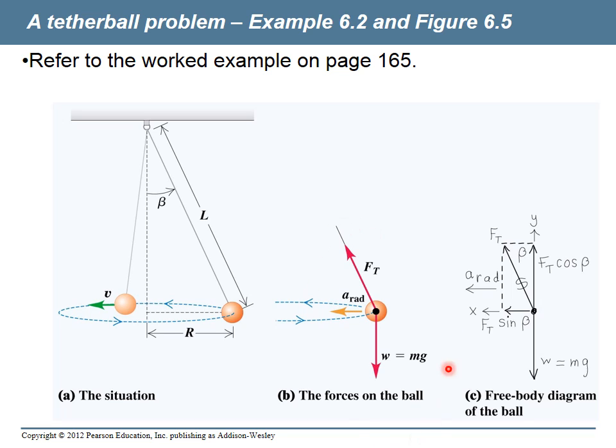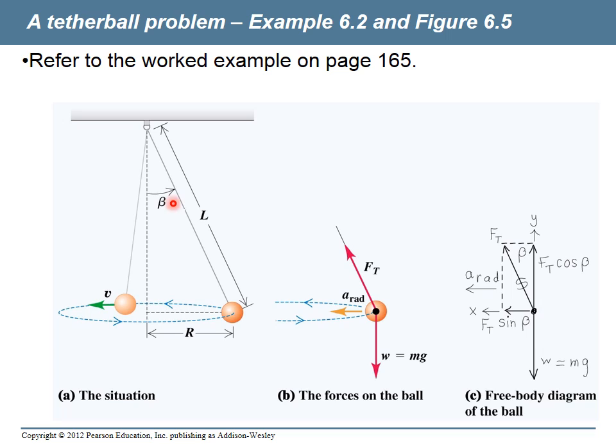So setting up the free body diagram here, after this it becomes very much like a chapter 5 problem, in which I would want to break this tension into its vertical and its horizontal components, right? Same thing we've been doing since chapter 1, right? Now again, just like last chapter, we have to be careful.